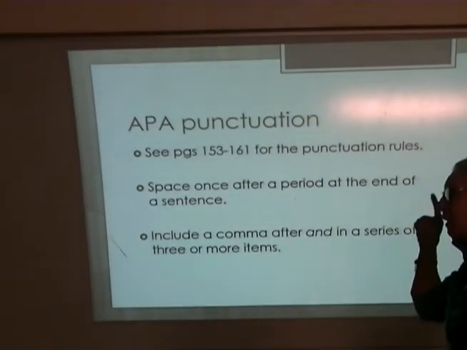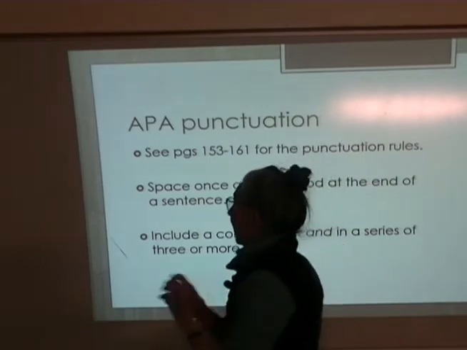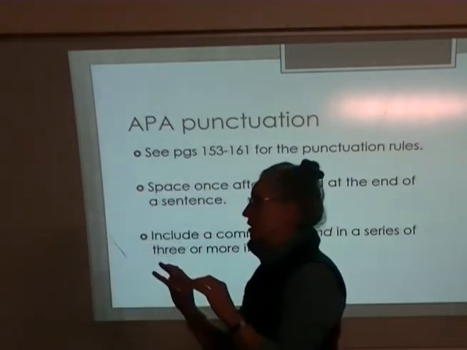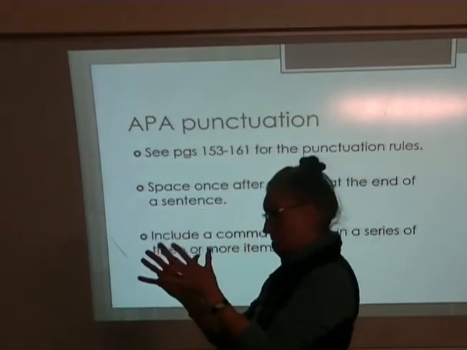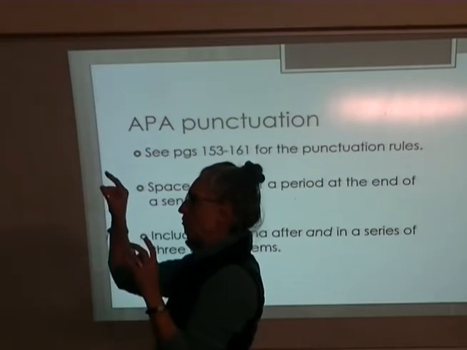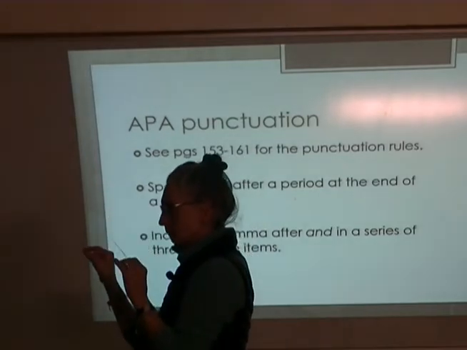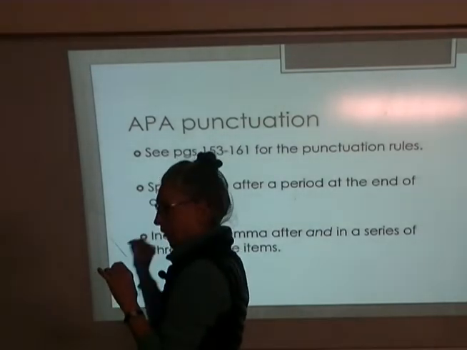Okay? Here's a little cheat for you, right? It's a really useful cheat. When you've written your paper, if you're in Word, you can do a find and replace, even on punctuation, right?